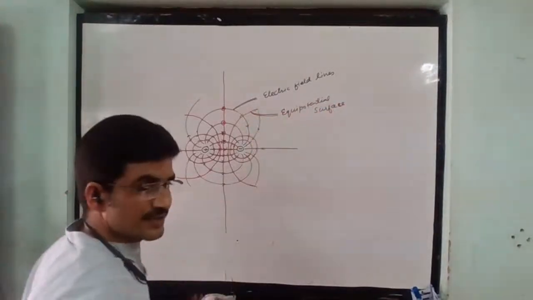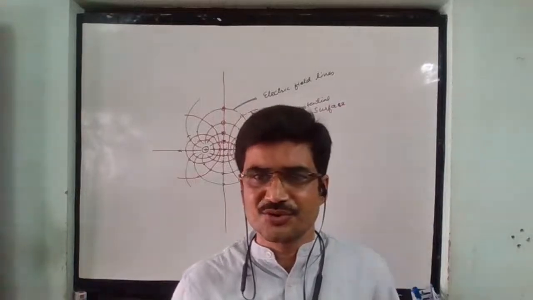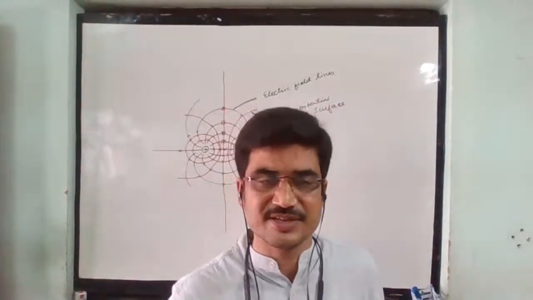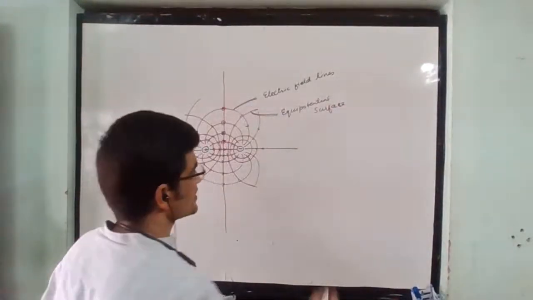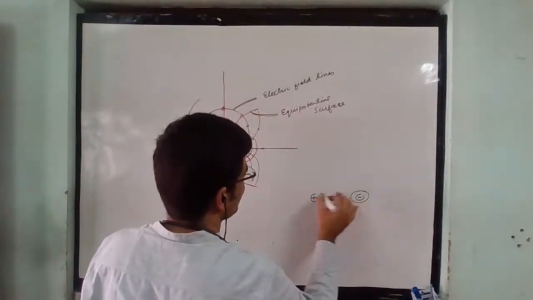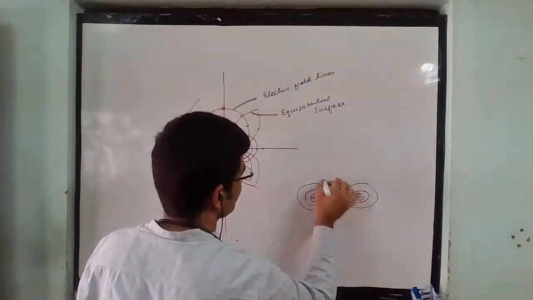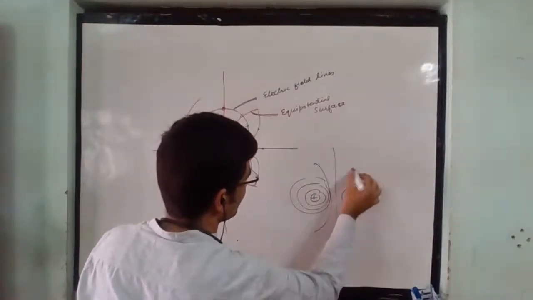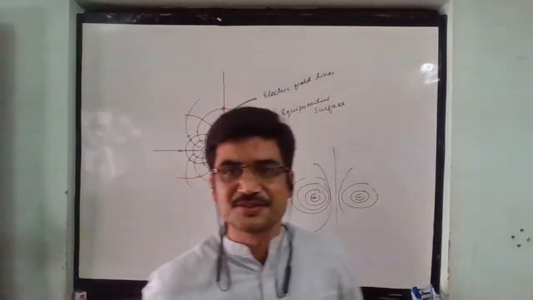So we have drawn them together. If it is asked to draw the equipotential surface in the examination, it's not necessary to draw both. You can draw simply like that only, as it is given. No problem.